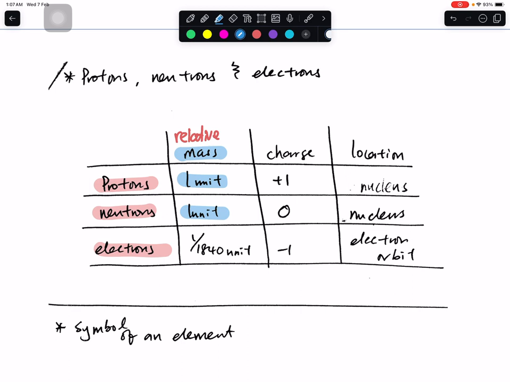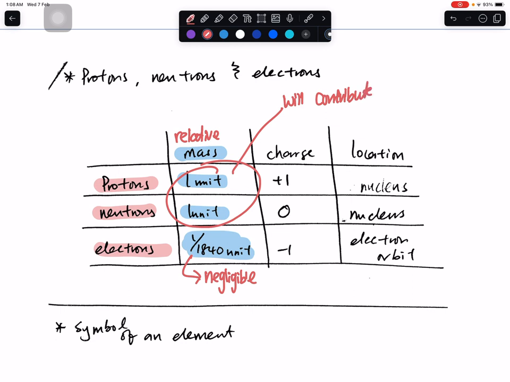On the other hand, electrons are nearly 2000 times smaller. So the mass here is negligible mass. It doesn't contribute to the mass of the atom. These two will contribute to the mass of the atom.